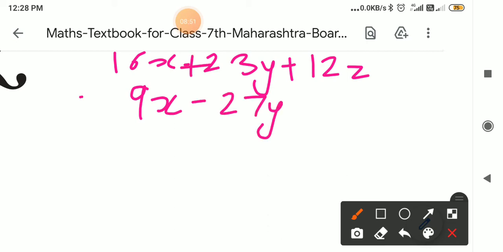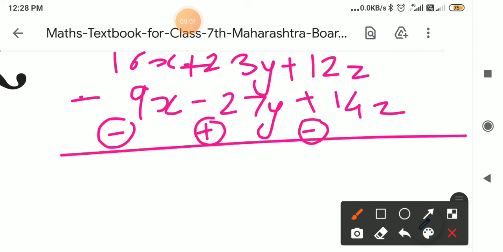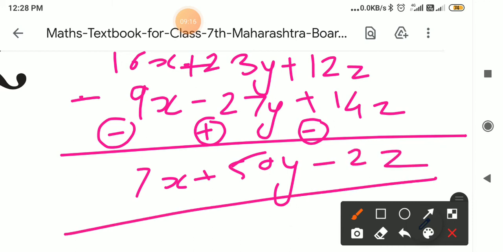Here a plus sign is there. Then plus 14z, because of the negative sign all the terms' signs are changing. So 16 minus 9 is equal to 7x. Both 23 and 27 are positive now, so 23 plus 27 is 50y, and 12 minus 14 means minus 2 will come here, minus 2z. So in this way we have to solve the example.